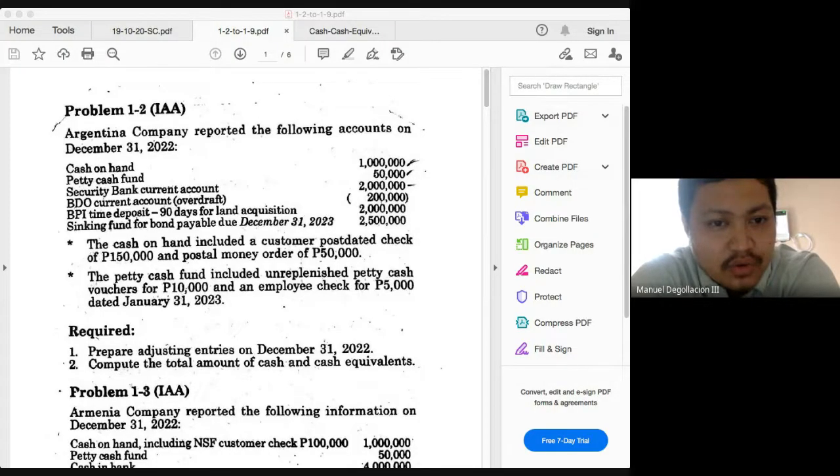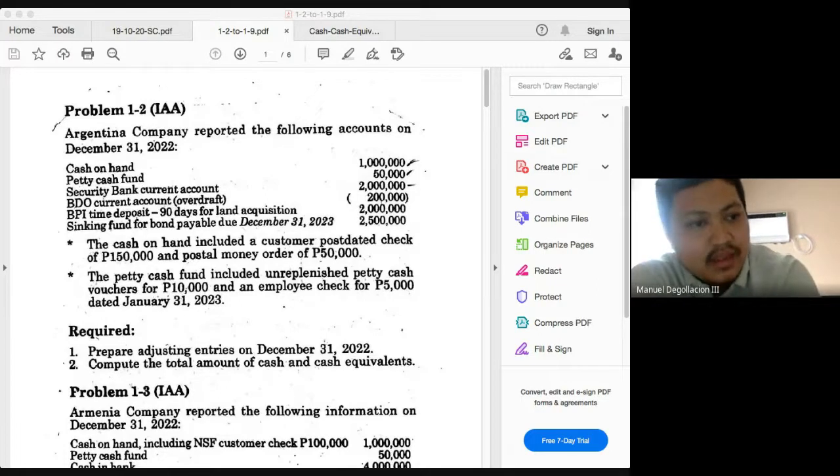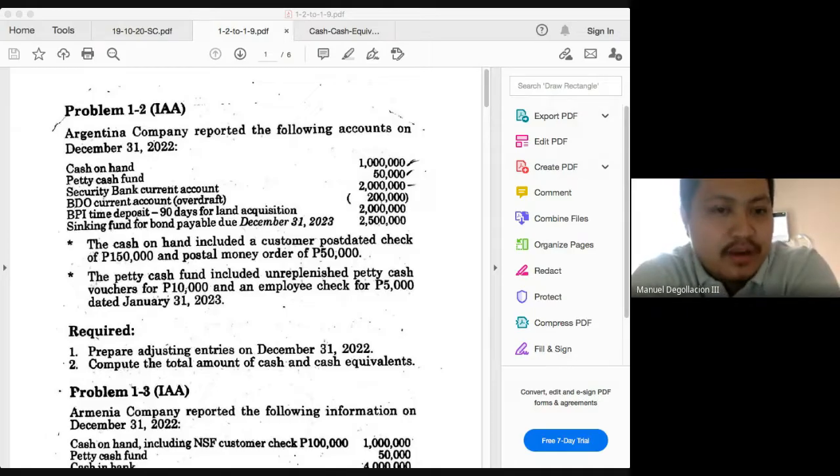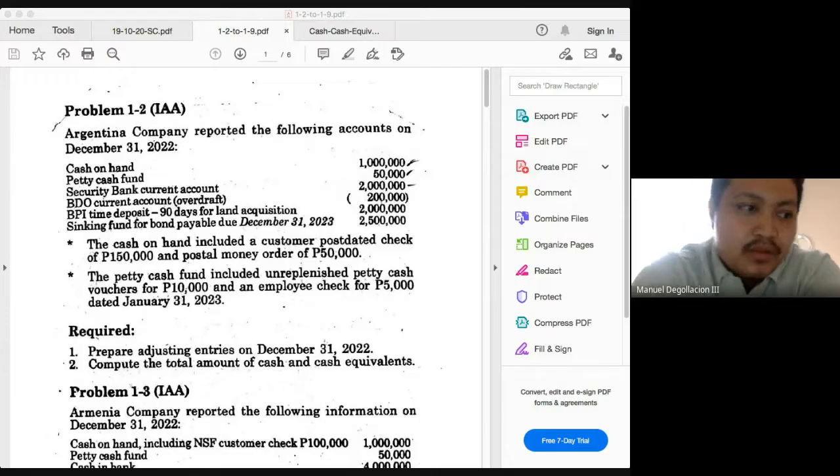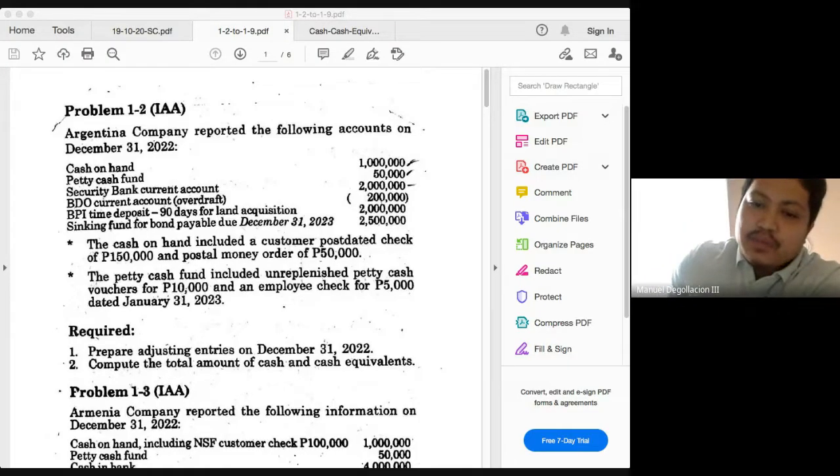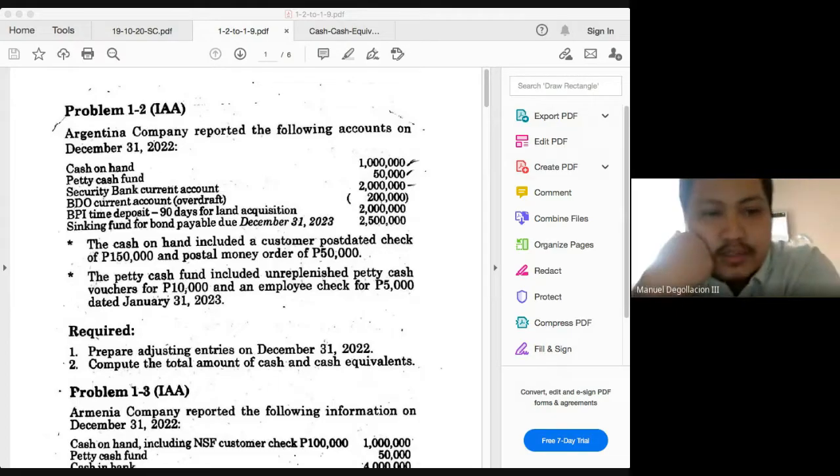The petty cash vouchers represent expenses that were paid out of the petty cash fund, meaning part of our petty cash fund was already utilized to pay off these expenses amounting to 10,000. Since a portion of our petty cash fund was used to pay off expenses, it's wrong for us to say that the petty cash fund is still at 50,000.